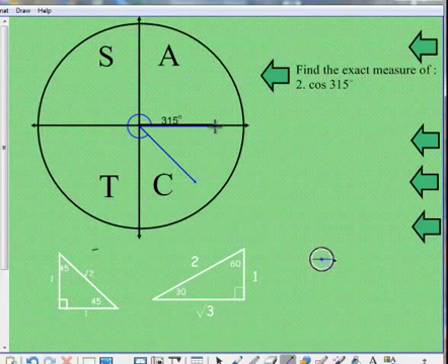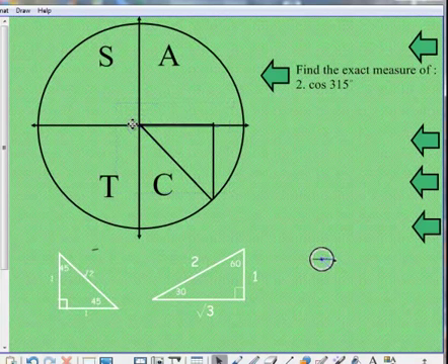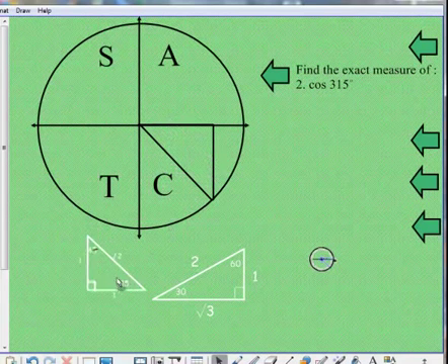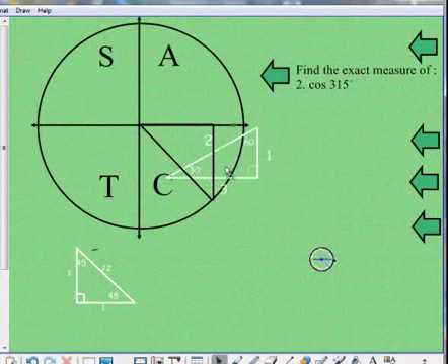I went over, and then I'm going to go down, and then I'm going to create a radius out of that. And now I have to decide which special one was created, because we're only doing the special ones today. Was that a 45, 45, 90 triangle, or was that a 30, 60, 90 triangle?